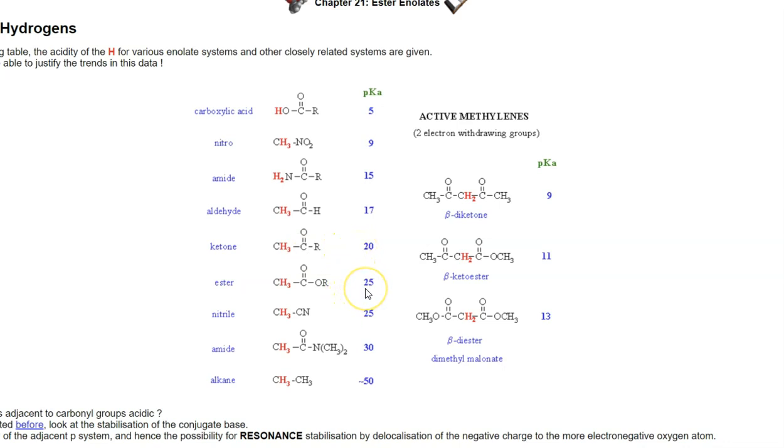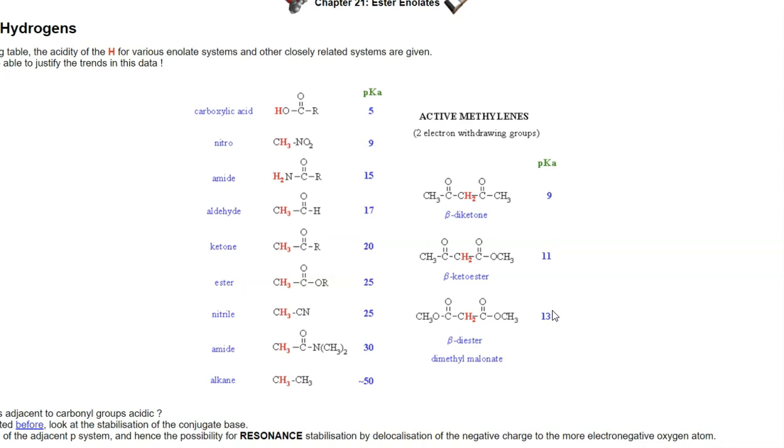For esters, about 25. And if we have multiple carbonyls, those pKa's drop dramatically. It's important to note that all of these pKa's here, 9, 11, 13, are all below 14, which is a very important pKa for us.